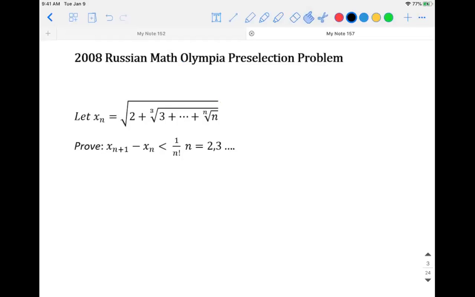You set A_i in that kind of pattern from i to n plus 1, so it'd be the i-th root of i plus the (i+1)-th root of i+1, all the way to n plus 1. Then you set B_i similarly, except instead of from i to n plus 1, you set it from i to n. So those are your two most important variables, A_i and B_i.